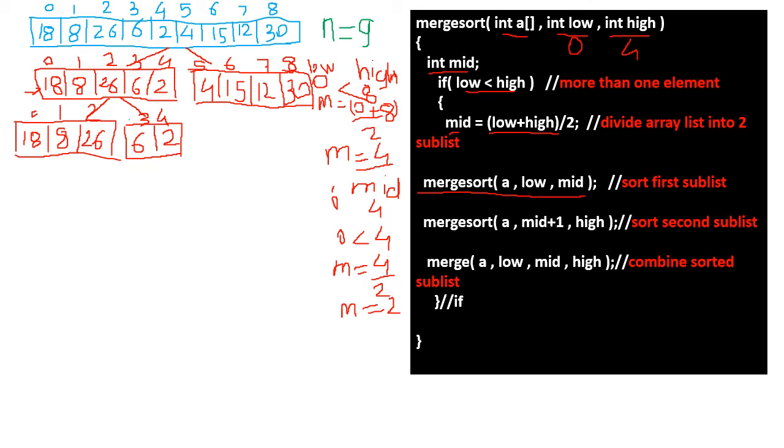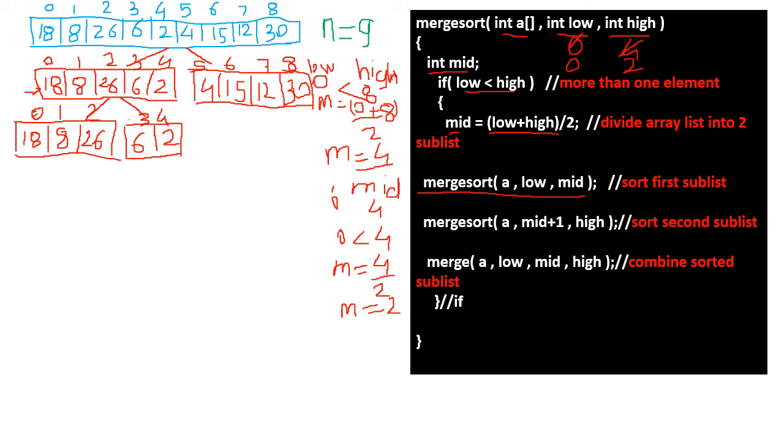Again here the low value is 0 and the high value is 2, that is the mid value we got.